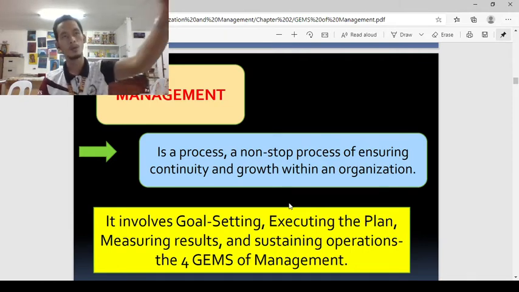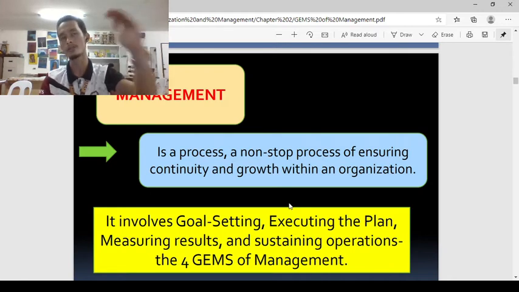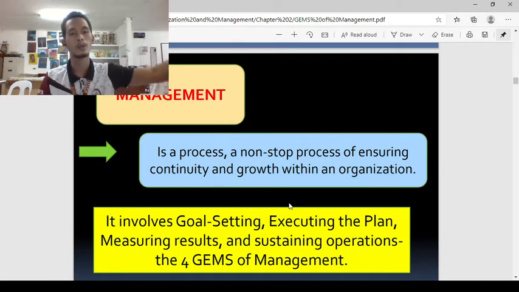Like, you set the goal, execute the goal, measure results, sustain operation, and then once the goal is already achieved, another goal is being set and then execute. So management really is a non-stop process of ensuring continuity and growth within an organization. That is why it always involves goal setting, executing the plan, measuring results, and sustaining operations.